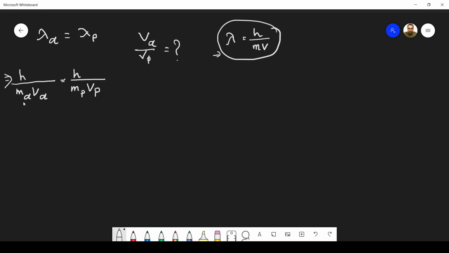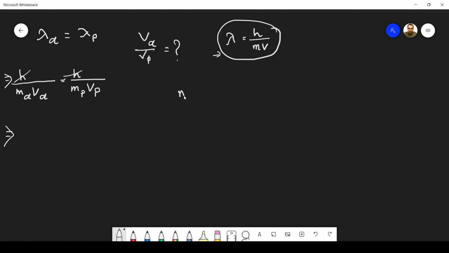Here m alpha is the mass of the alpha particle, v alpha is the velocity of the alpha particle, mp is the mass of the proton, and vp is the velocity of the proton. Here h, Planck's constant, can be cancelled.